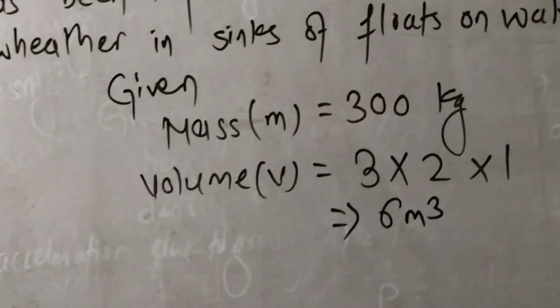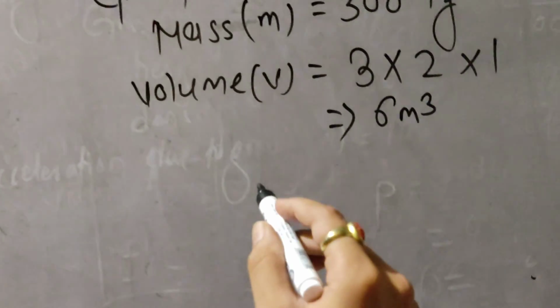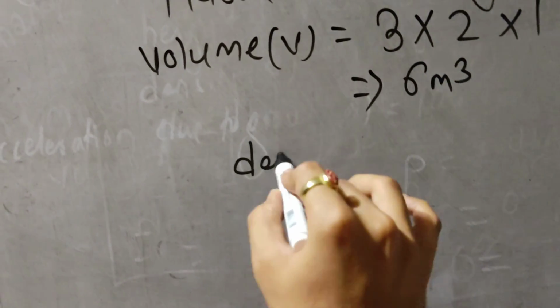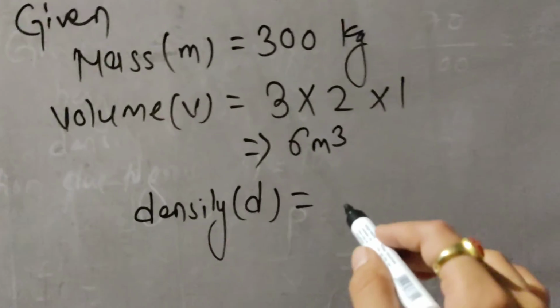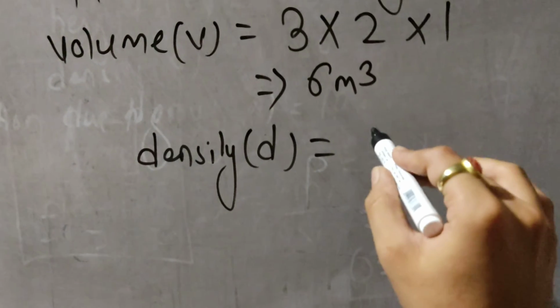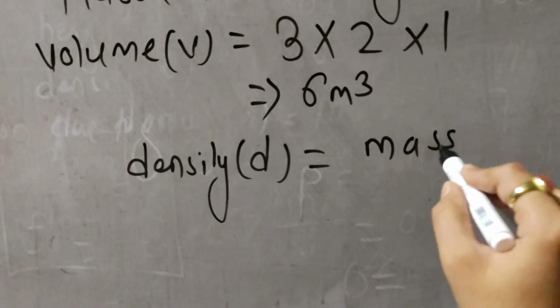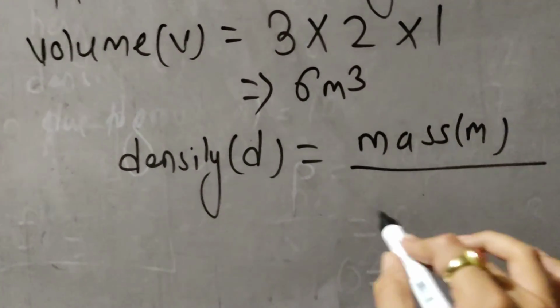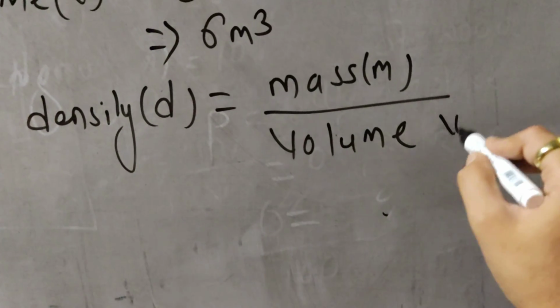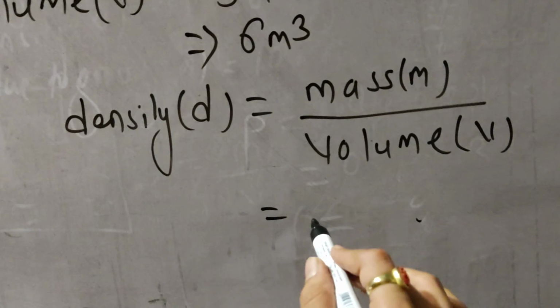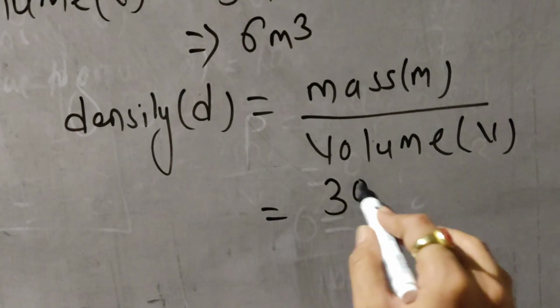Now let's calculate density. The formula of density is D is equal to mass m by volume V. The mass given is 300 kg.